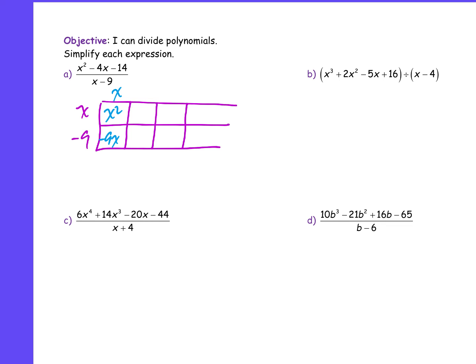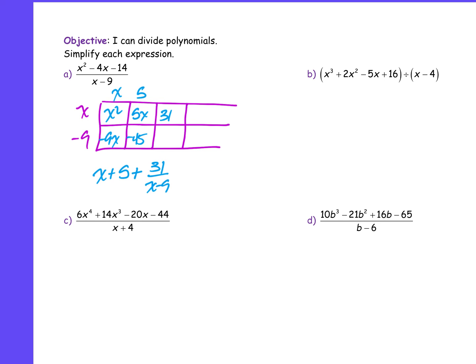Negative 9x plus 5x gives me negative 4x. And x times 5 gives me 5x, so this is negative 45. What do I add to negative 45 to give me negative 14? 31. So x plus 5 plus 31 over x minus 9.